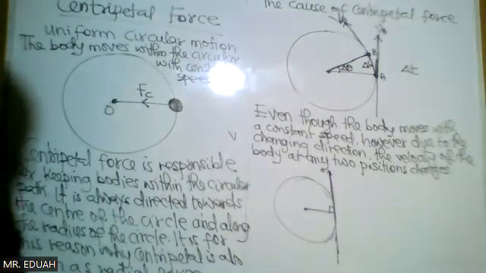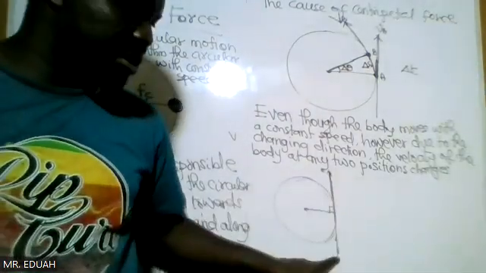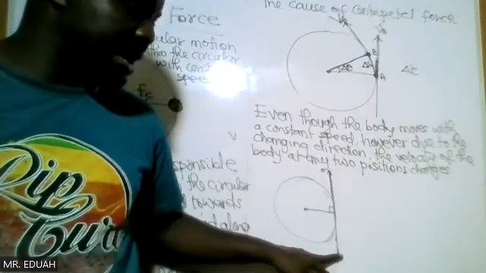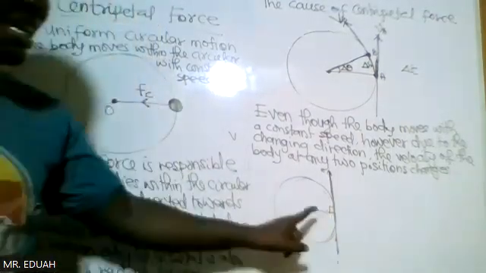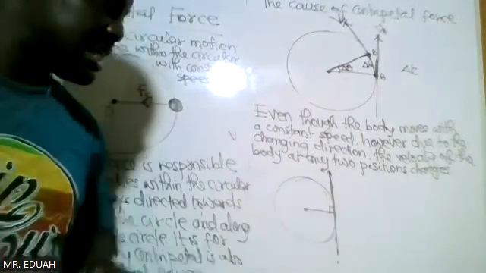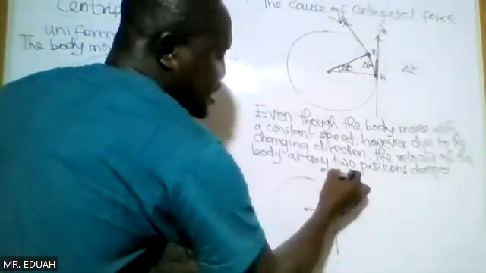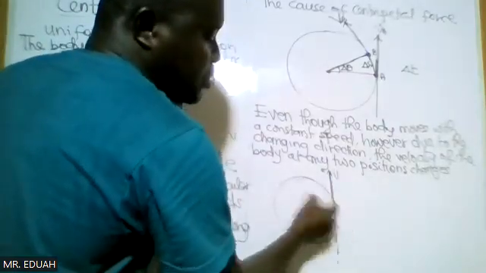So whenever you have a line touching a circle in a manner that it makes an angle of 90 degrees with the radius, it means its velocity is tangential to the circle.